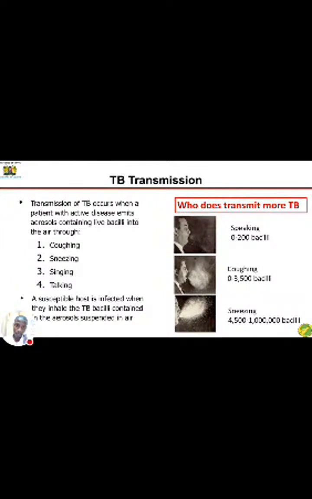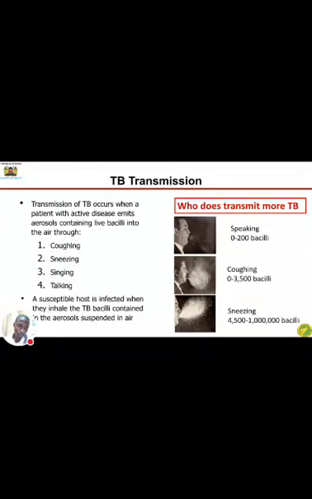Someone who is speaking can release 0 to 200 bacilli while speaking. Someone who is coughing can release 0 to 3,000 bacilli, while someone who is sneezing can emit between 4,500 and 1 million bacilli. What does this mean?